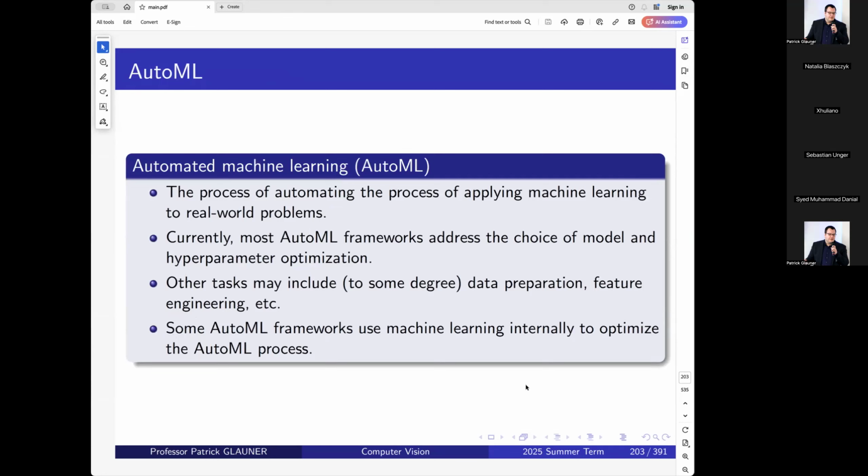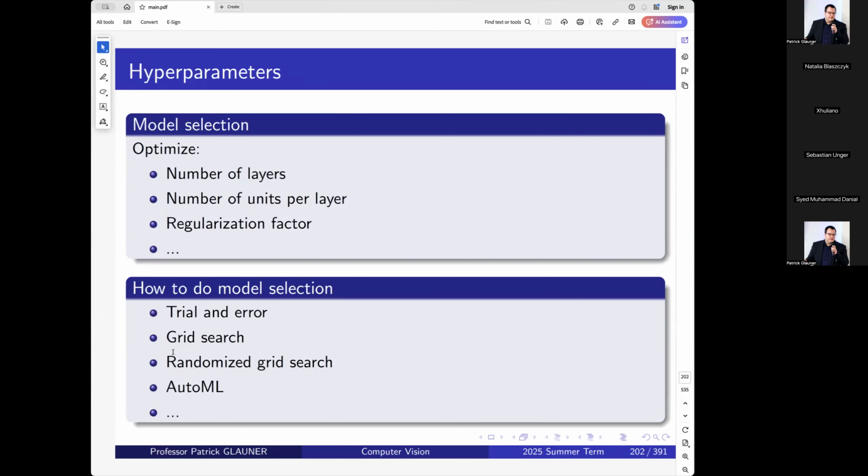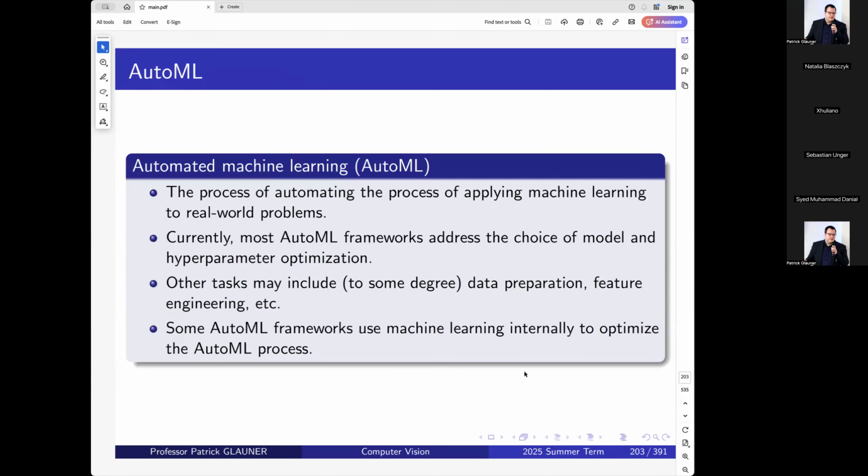So AutoML is something far smarter than just randomly trying a grid search. What it does instead is it will try some initial combination of the hyperparameters, but then it will not naively try something totally new, but rather it will use machine learning, usually some Bayesian optimization in machine learning, to find me very quickly a better set of hyperparameters.